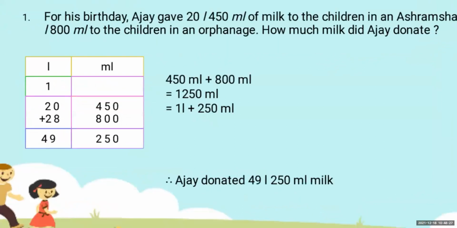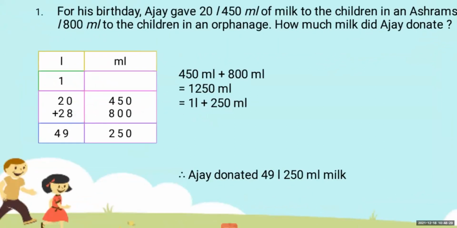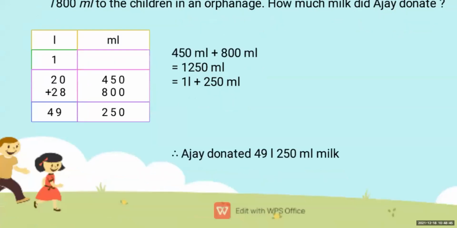Now here there should be two columns of liter as well as milliliter, because the units given are liters and milliliters. Now same 5 rows and 2 columns. Next we'll write the numbers.